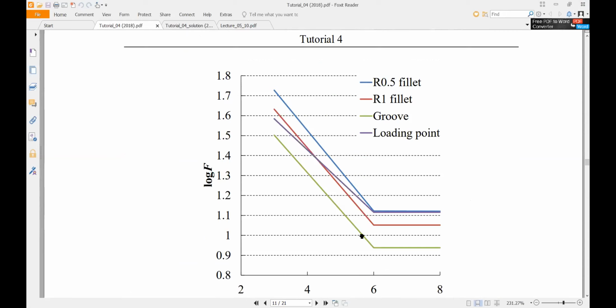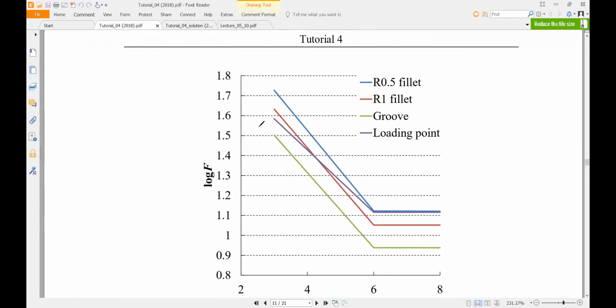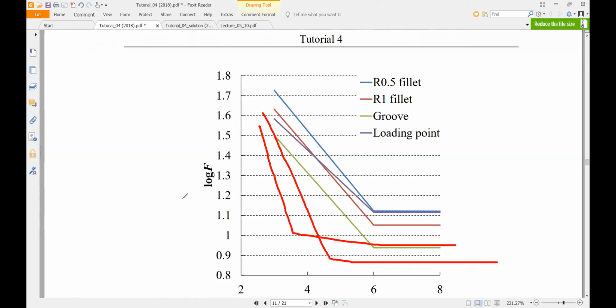Assume some curve like this. I will draw in here. Then you can see. Yeah. So assume this is one curve. There is another curve. It will reach lower. Assume this is S, okay, SN.